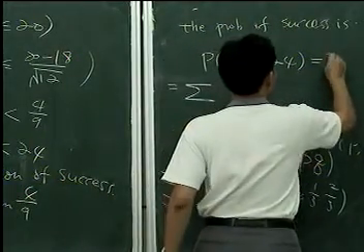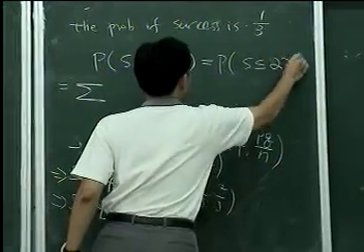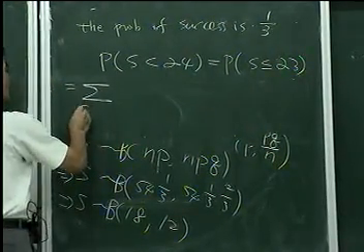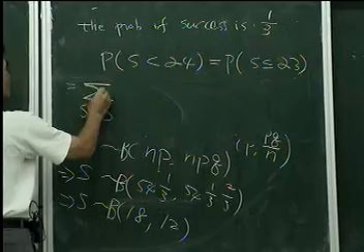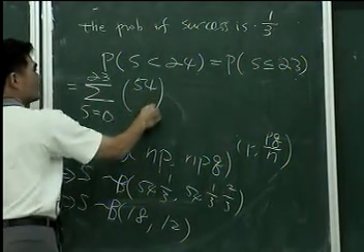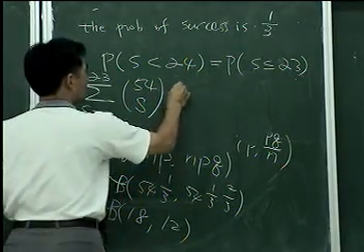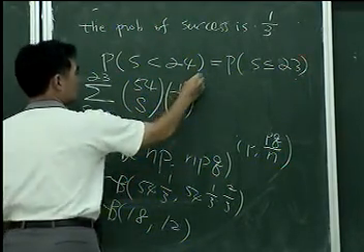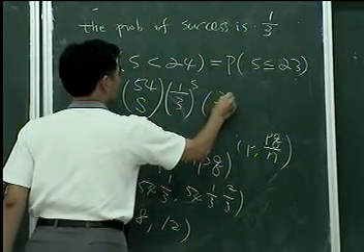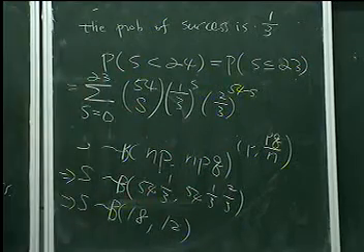So it's probability of S less than or equal to 23. So S will start from 0 and go to 23, right? How many experiments? 54. And the number of success, S. Probability of success, 1/3, and probability of failure, 2/3.